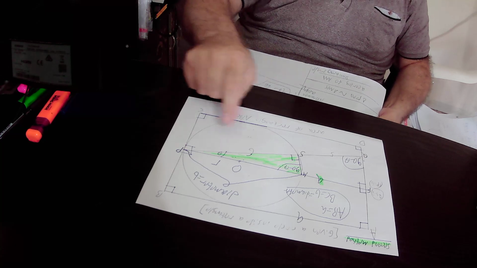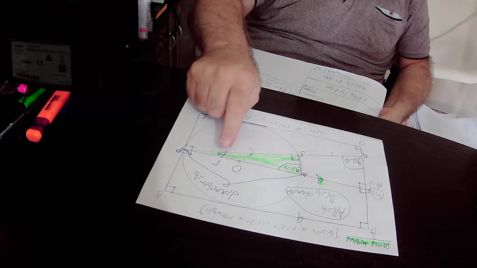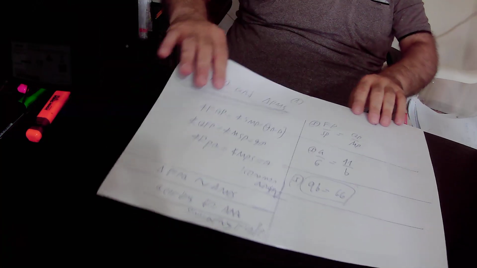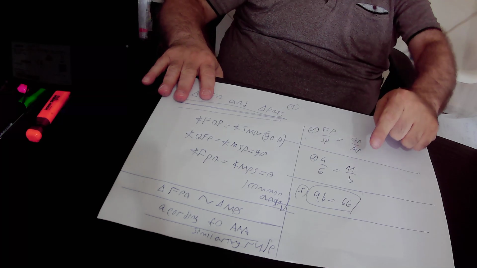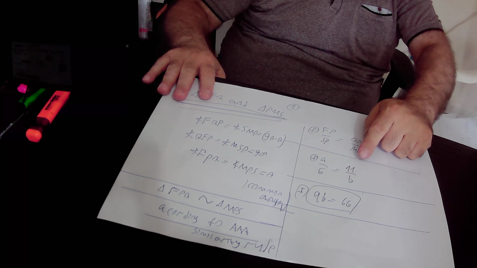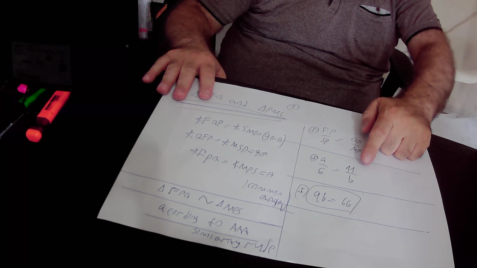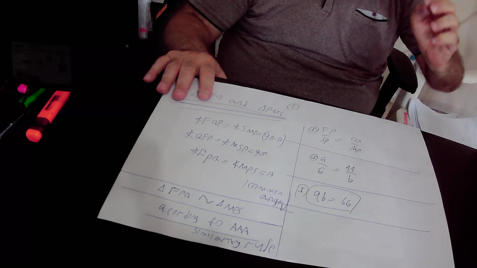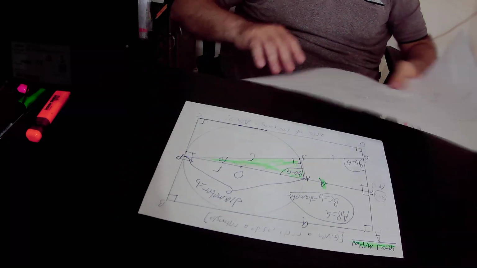And MP is the diameter of the circle, that is equal to B. So in conclusion, according to equation number 1, A over 6 equals 11 over B. Here we multiplied equation number 1, and found out that A times B equals 66.